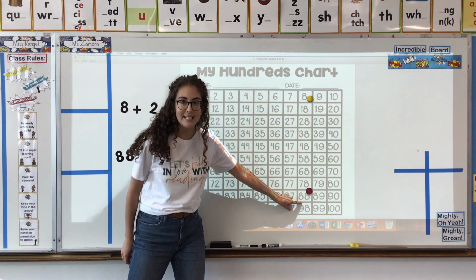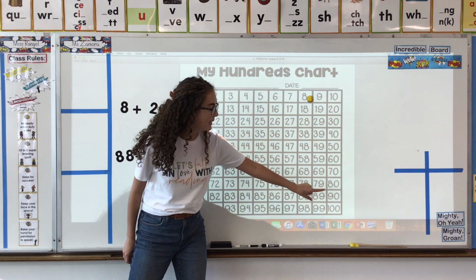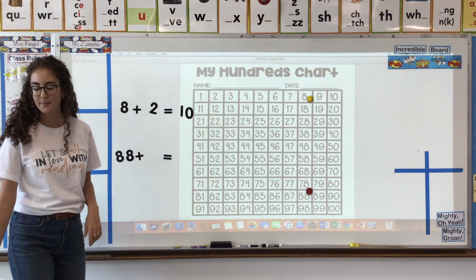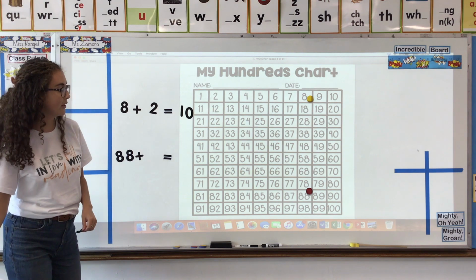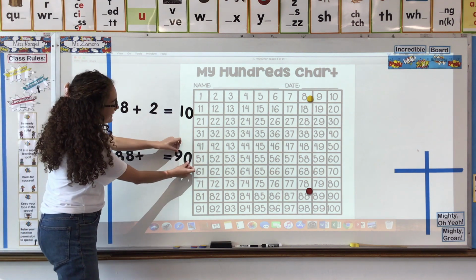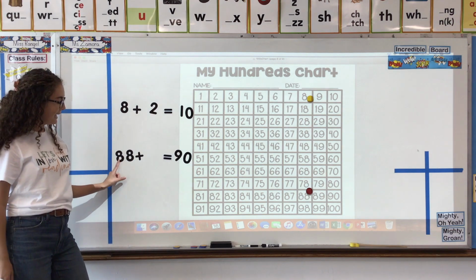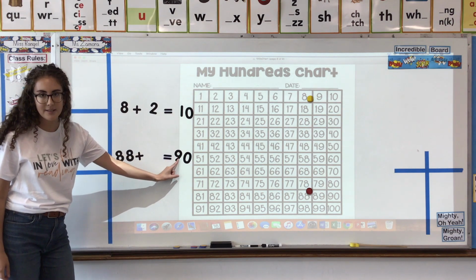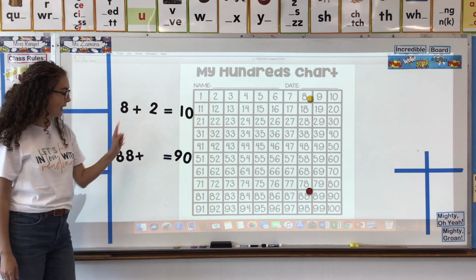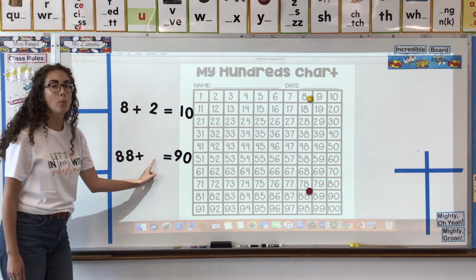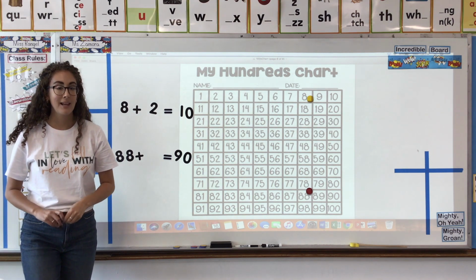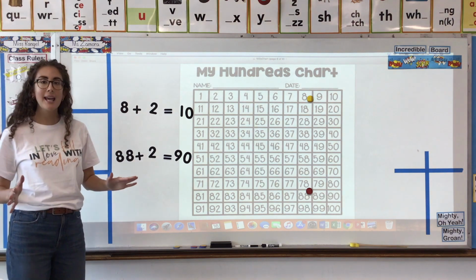88 has 8 tens. What number would be the next 10 from 88? What do you see on your chart? It would be 90. We went from 8 tens to 9 tens. So, if 8 plus 2 equals 10, 88 plus what equals 90? 2, the same pair.